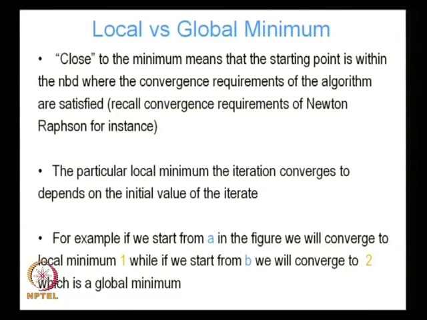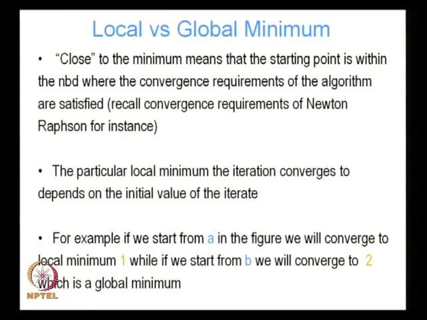Recall our convergence requirements of the Newton-Raphson method. We said that the Newton-Raphson method is assured to converge only within a certain neighborhood of the root, and in that neighborhood the derivative of the function had to satisfy certain special properties.